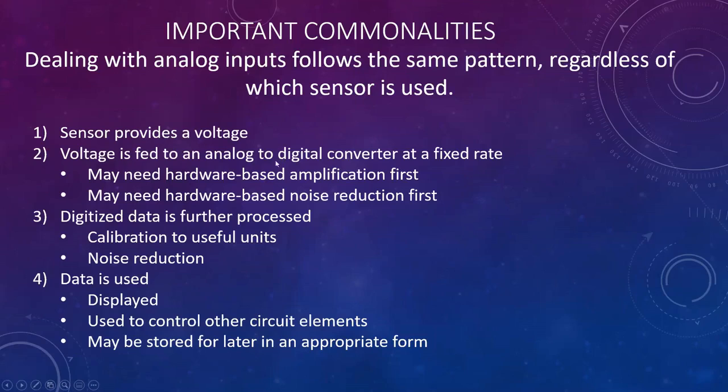Once the digitized data is in a microcontroller or a computer, then you need to do something with that data. Usually you need to know what the units of the measurement you're taking are. So just taking data into an analog to digital converter gives you some number between 0 and 1023.